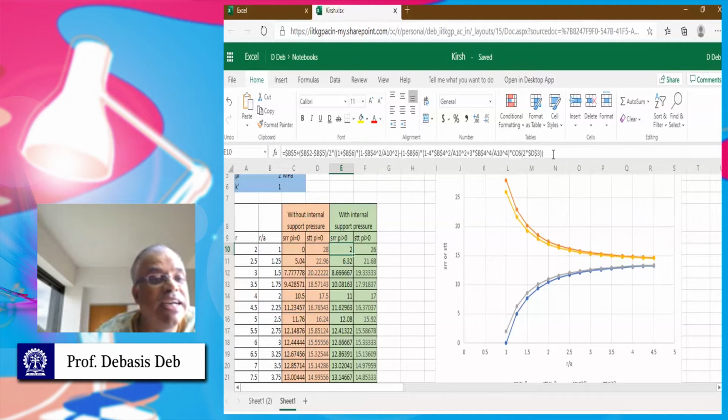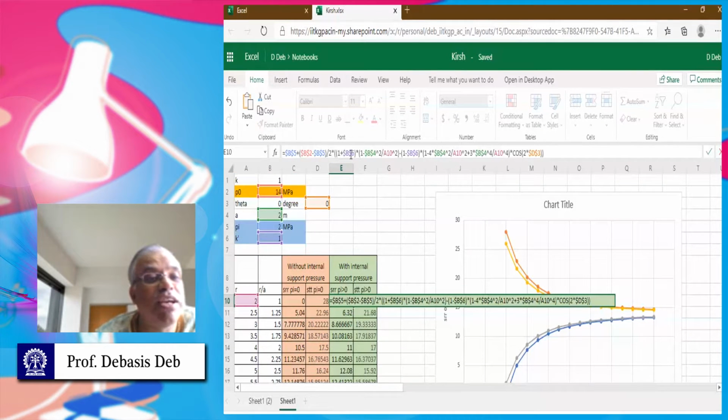So I have calculated a new K dash and now this K dash is used here. You see this B6. So I'm using this one as K and you see this Pi is added here. This is that B5, and that is added here. So that new equation is used.